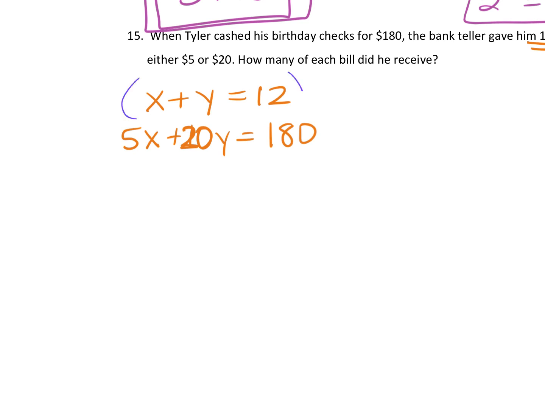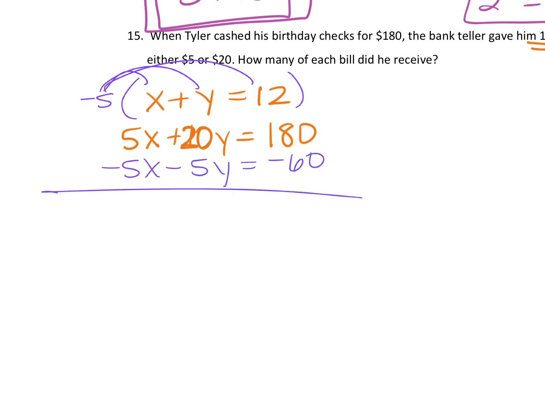So I would multiply the top by what? I would do a -5, yeah. So distribute this, -5x minus 5y equals a -60. And then we're going to add them together. So this is 0. This is 15y equals 120. And then divide by 15.